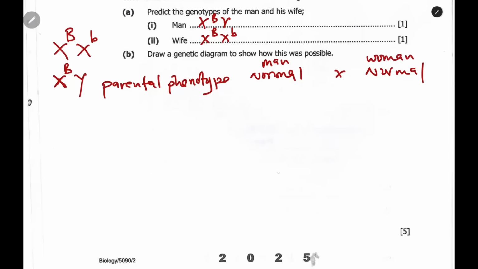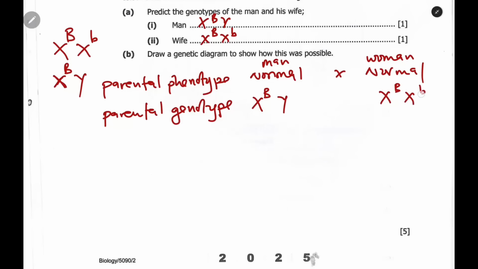Parental phenotype. So we have a normal man and also a normal woman. This is the man, this is the woman. Then parental genotype: the man is XBY, and the woman is XB Xb.